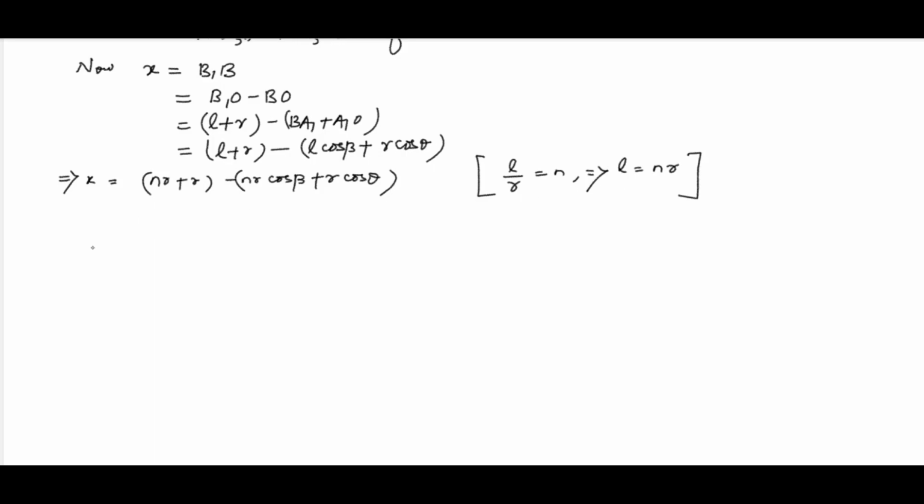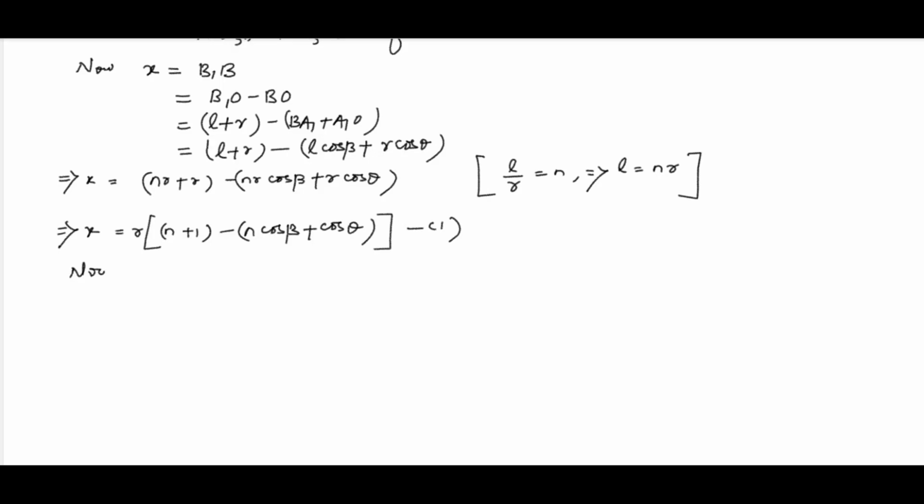Now X will be equal to, taking R out, R times (n plus 1 minus n cos beta plus cos theta). Let's say this is equation 1.